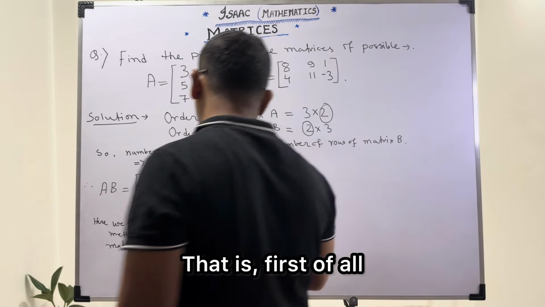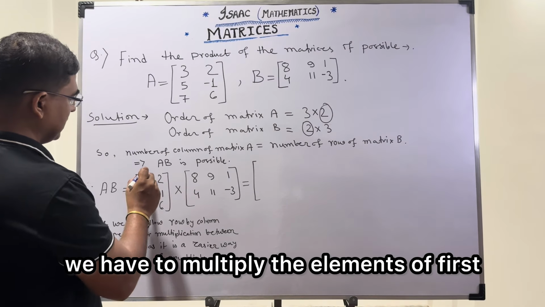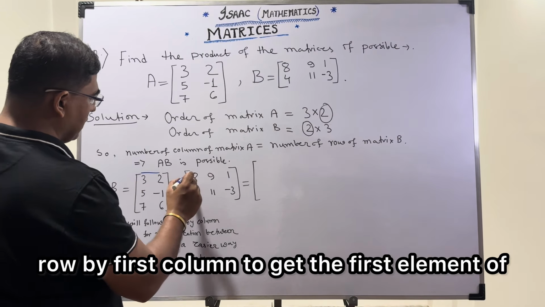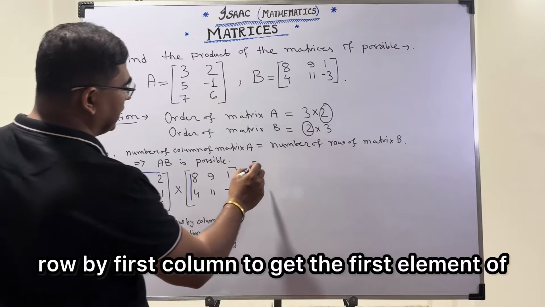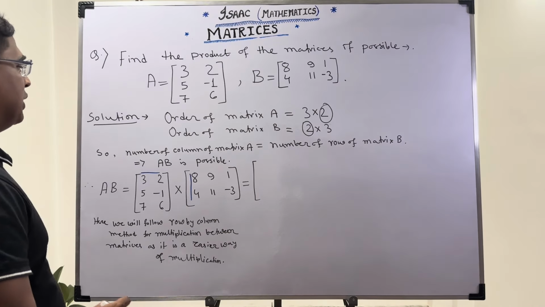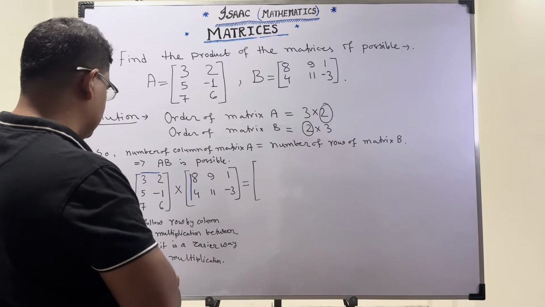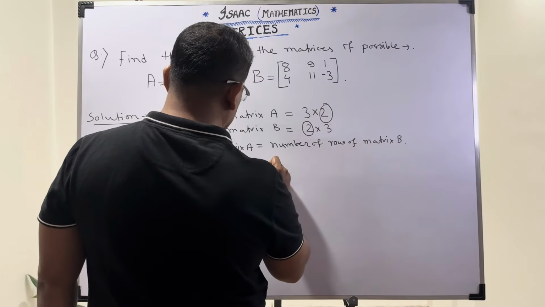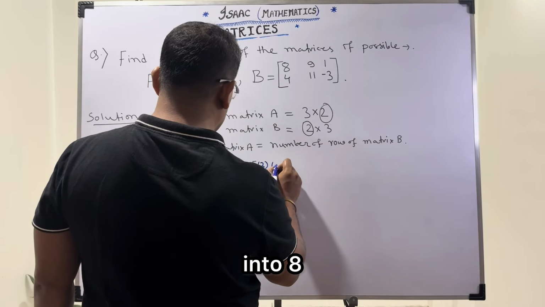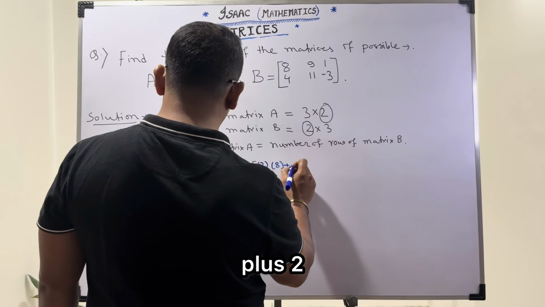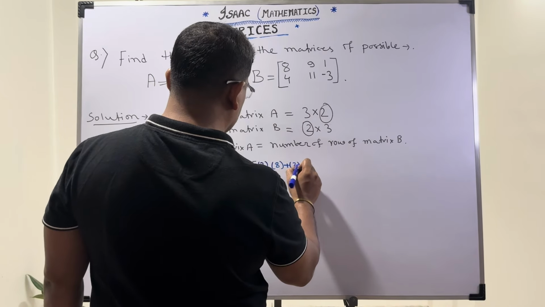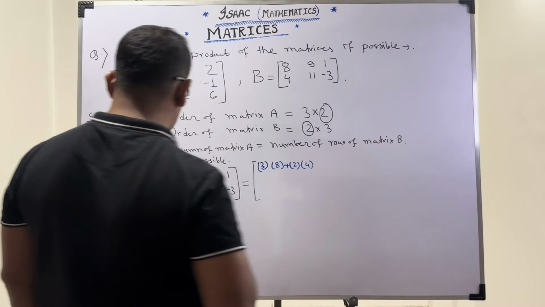That is, first of all we have to multiply the elements of the first row by the first column to get the first element of this new matrix. That is 3 into 8 plus 2 into 4.